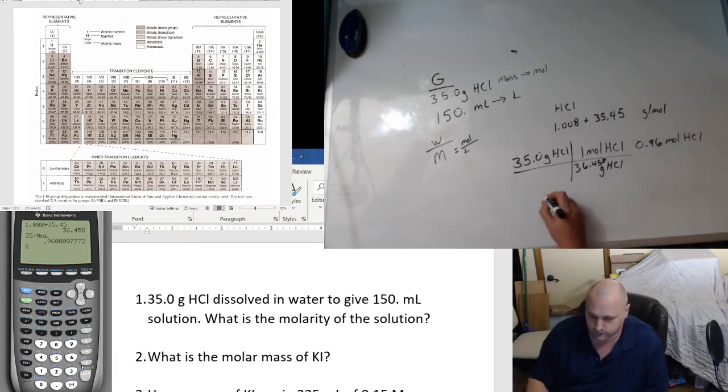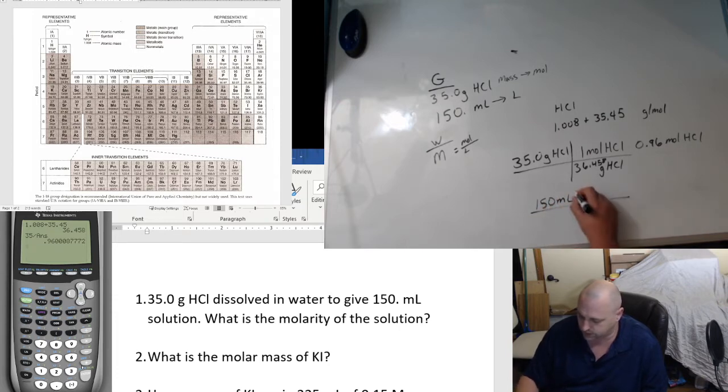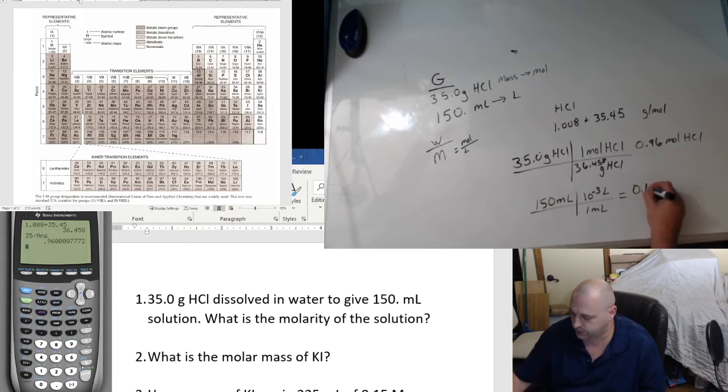Then I also need to convert 150 milliliters. The way I teach to do this, 1 milliliter is 10 to the minus 3 liters. You could also divide it by 1,000, so 0.15 liters. I'm just moving the decimal place 3 places.